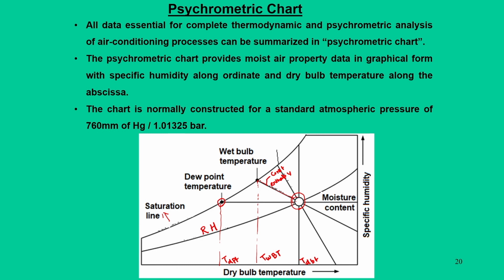So, for a given state there are three temperatures, and there is another line which goes in this manner, and this line is called the specific volume line.